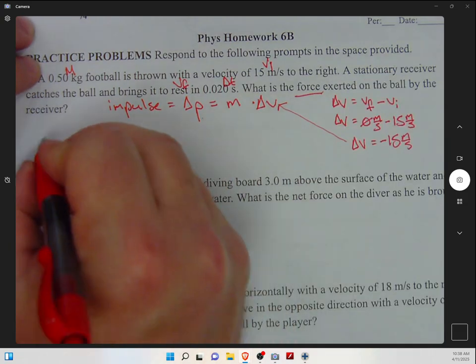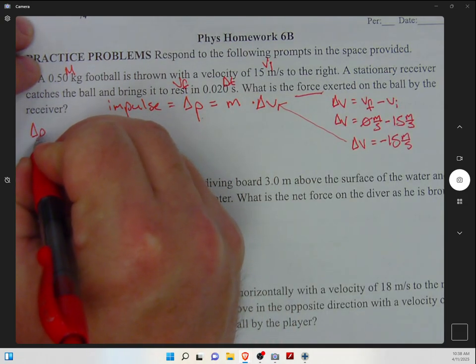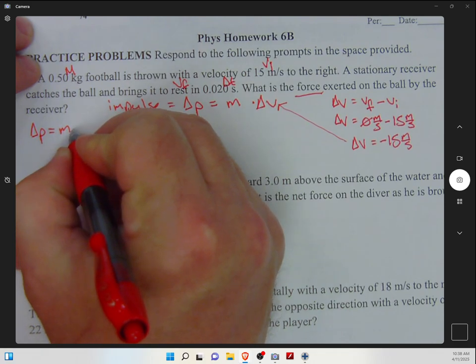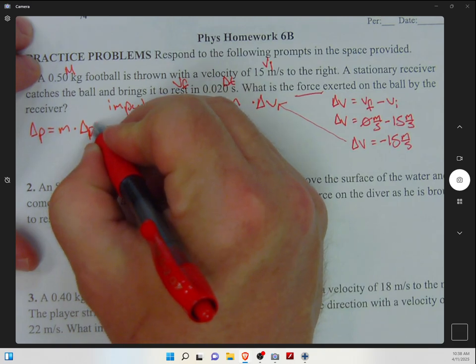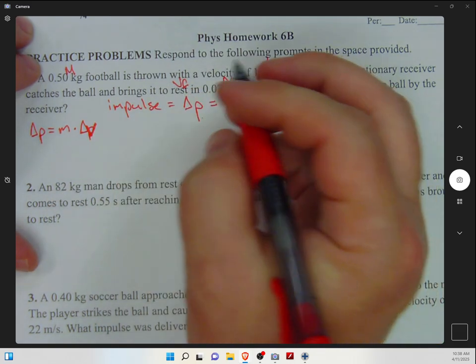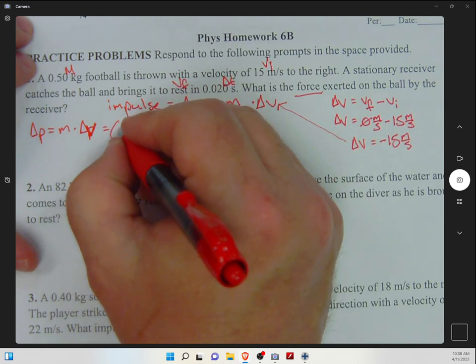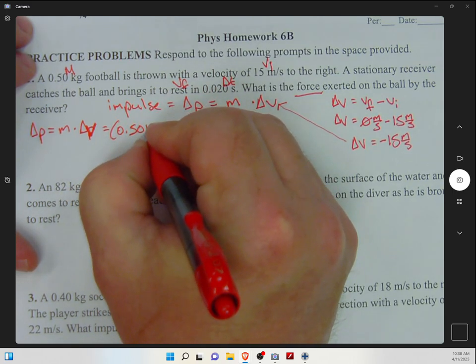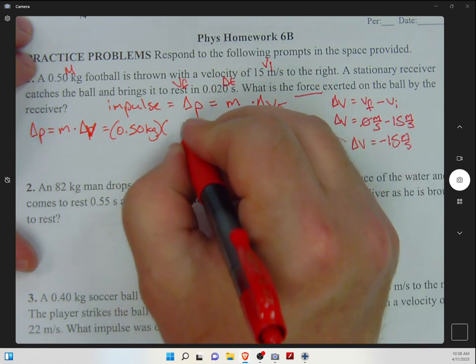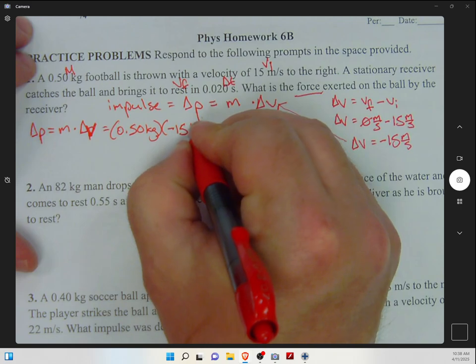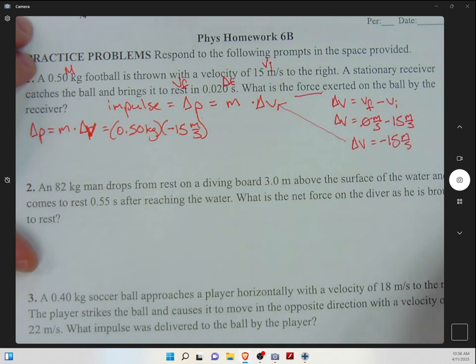So, change in momentum is equal to mass times change in velocity, which is equal to 0.50 kilograms, and then I just calculated that the change in velocity is negative 15 meters per second.